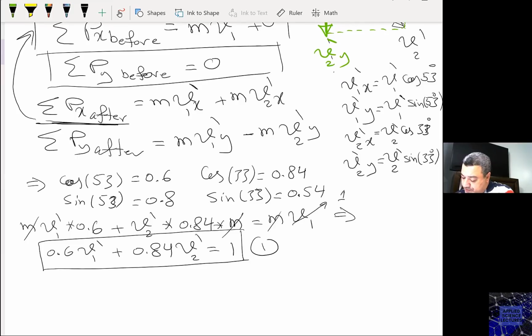Now the second one equals 0. Sigma py after equals sigma py before. This is 0.